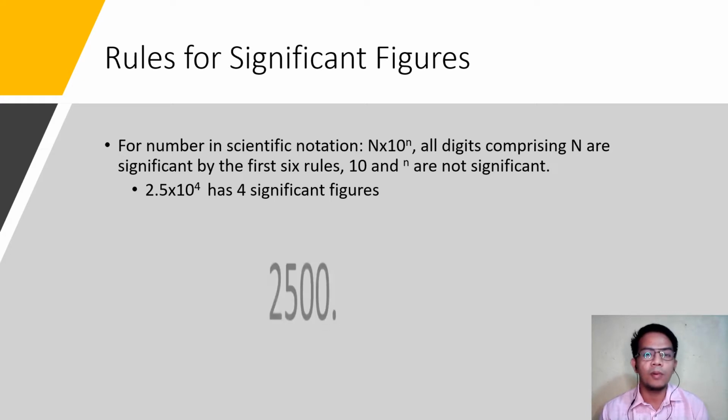In this example, 2.5 times 10 to the 4 is only a scientific notation of 2,500. So we will convert this value into a whole number to get the significant figures. The significant figures in the value 2,500. with a decimal point at the end are 1, 2, 3, 4. There are four significant figures in this value.